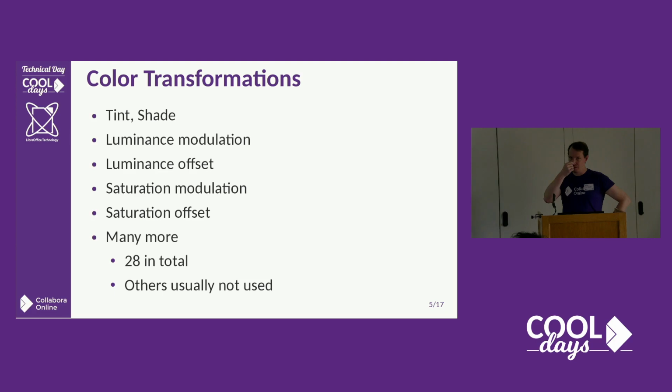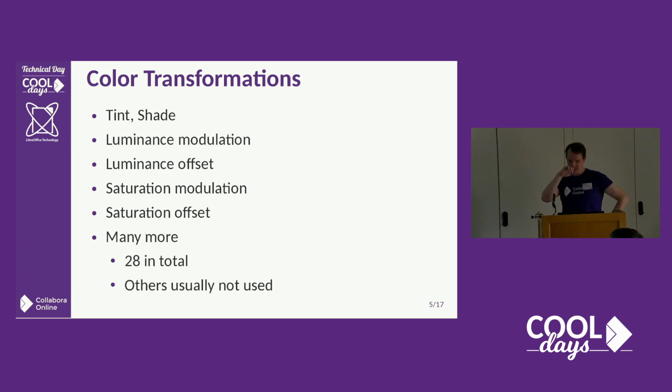For example, you can say you don't use just this color, but transform the red color to another value, which is not really used a lot inside Microsoft Office. What is mostly used is tint and shade and luminance modulation and luminance offset, same as saturation modulation and saturation offset.